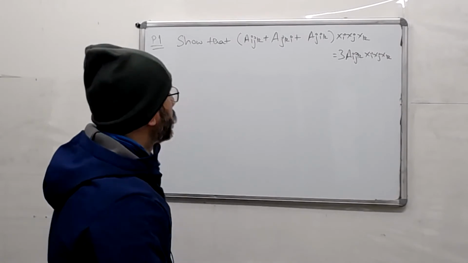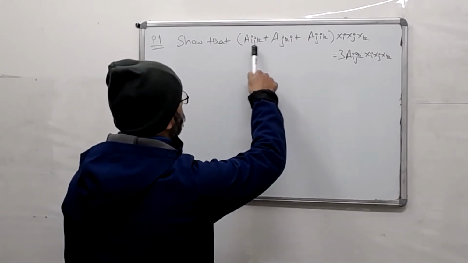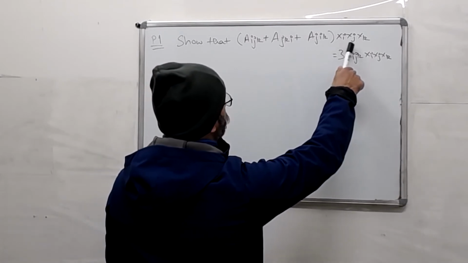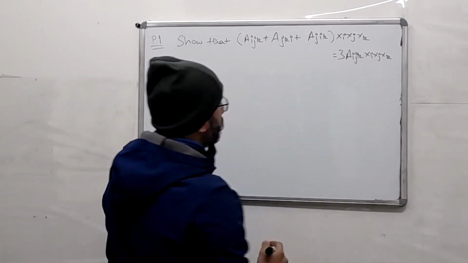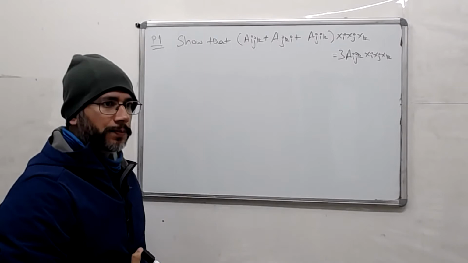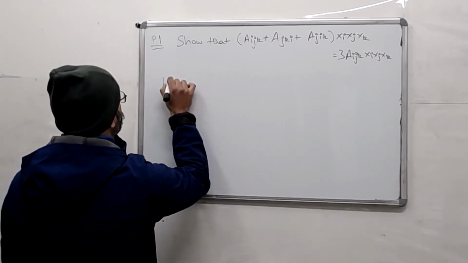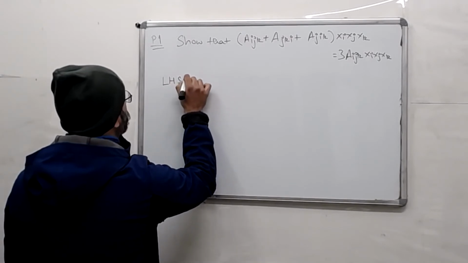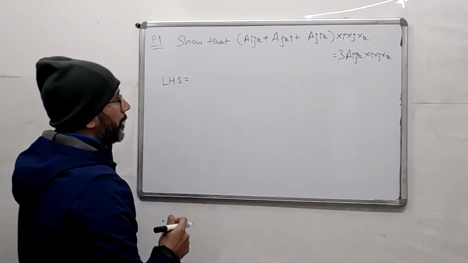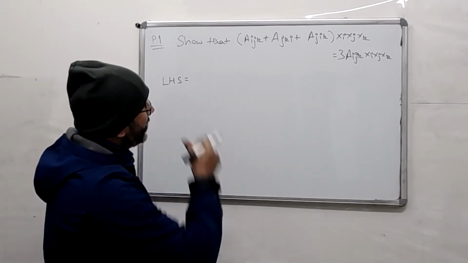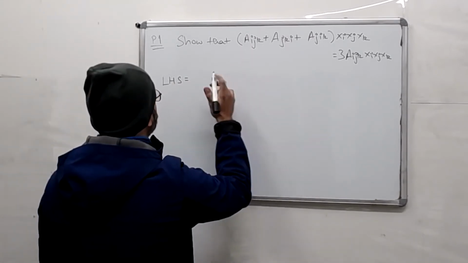Right, so we have to show that aijk plus ajki plus ajik times xi, xj, xk is thrice of this quantity. So we'll start with the LHS and then approach the right hand side to show the expression. So let's expand the left hand side.